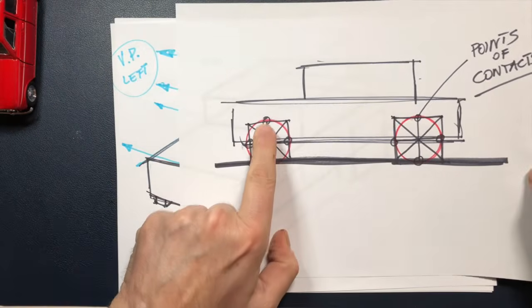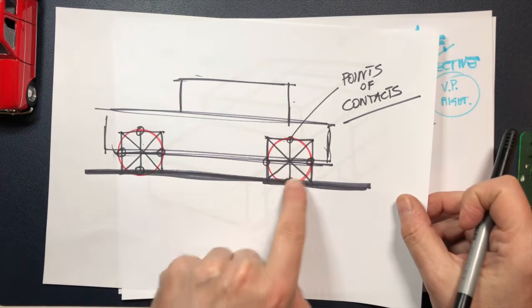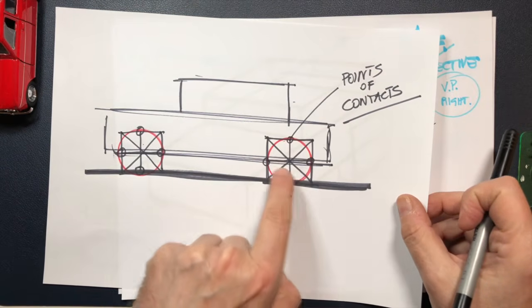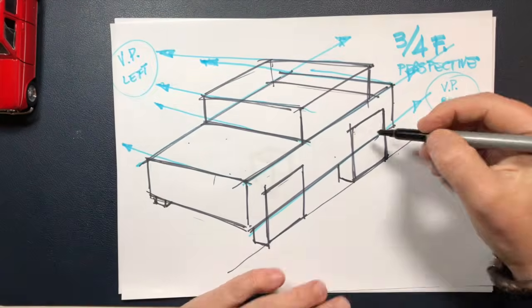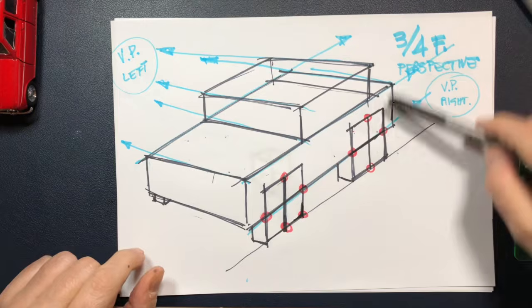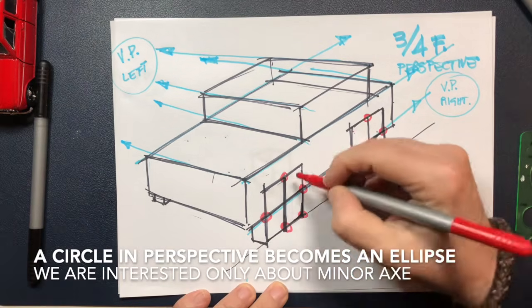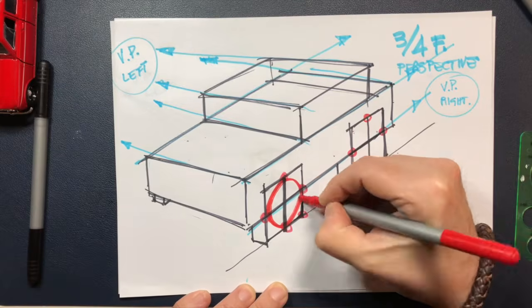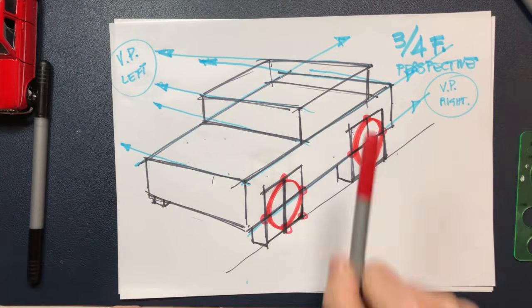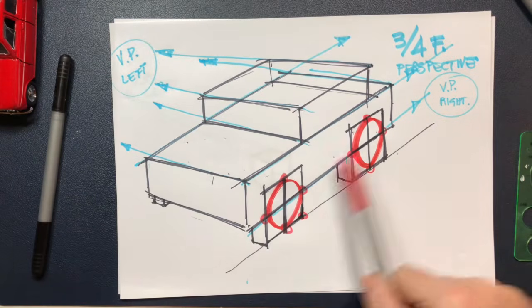Do you remember the points of contact? We divide the square in 4 equal parts. Okay, so let's do it. So when I go and put my ellipses to make the wheels in the right perspective, now, where are the axes of those 2 ellipses?